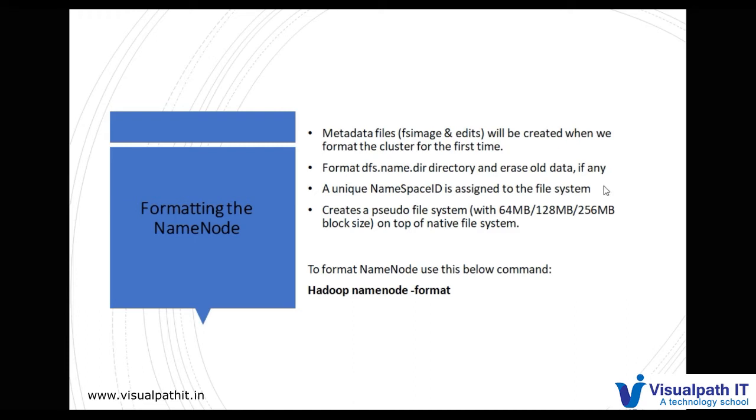Okay, and how to format? When you format the dfs.name.dir directory, it erases any old data available on that node. And a unique namespace ID: when you format the name node, a unique ID will be assigned. That ID will be unique for the entire life cycle of the cluster.